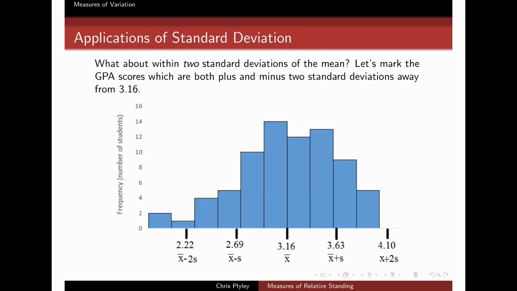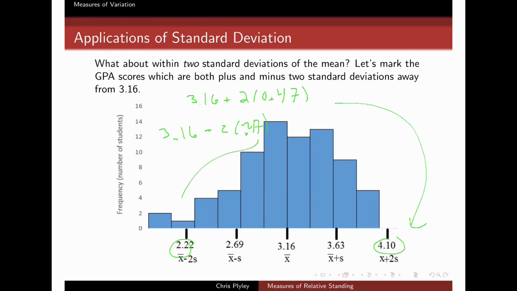And similarly, if I looked at two standard deviations above and below my mean, if I take 3.16 and add two 0.47s, not just one, I end up down here at 4.10, and 3.16 minus 2 times 0.47 is down here at 2.22.